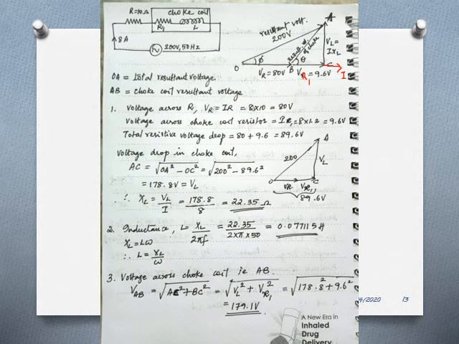Why have I drawn this AC towards the upward direction? Because the voltage leads the current I by an angle of 90 degrees, or you may say that the current lags the voltage by an angle of 90 degrees in the case of an RL series circuit or in the case of an inductance. So I have drawn AC.